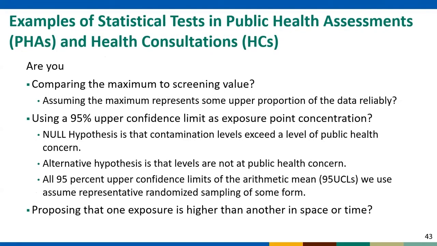Depending on your data, the EPC will either be a maximum concentration or a 95% UCL of the mean. You are going to do some level of statistical evaluation during this initial phase of the PHA process, and we will delve into this topic in the webinar on EPCs and exposure units, so be sure to look for that webinar.